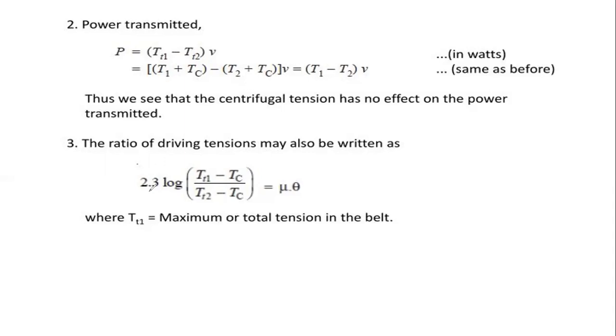Then you have to take the ratio of the driving tensions also. The ratio of the driving tensions may also be written as, we have already taken, 2.3 log of the tight side tension minus centrifugal tension by the slack side tension minus Tc, is equal to mu into theta. That is the given equation there.